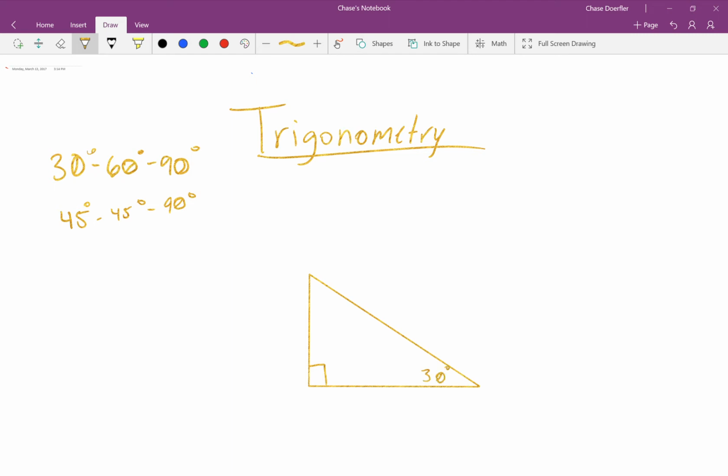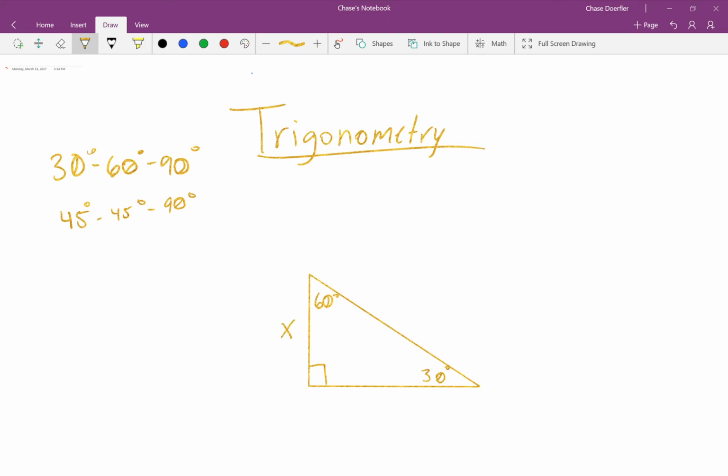I'm going to make this 30. I'm going to make this 60. And so the smaller leg, the leg that is adjacent to 60 or opposite of 30, is going to equal x.